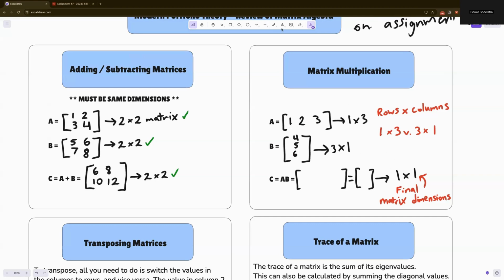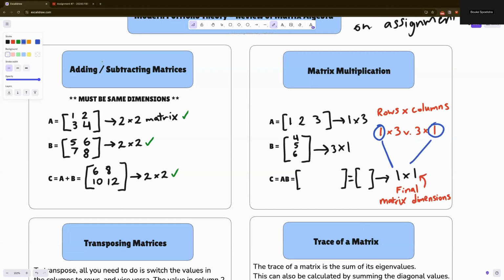What's important to remember is that the final matrix will end up having the outside dimensions. So the final matrix of a 1 by 3 multiplied by a 3 by 1 will end up being 1 by 1. So that's where you get that.